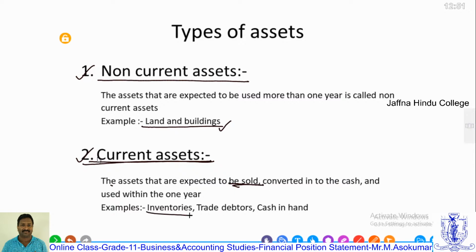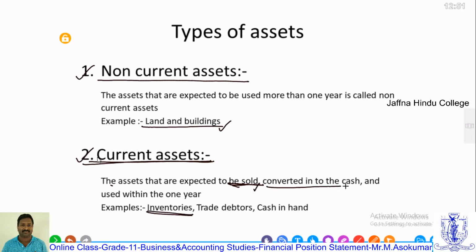The inventories are retained in the business to be sold in future. Therefore, that is one of the assets, but it remains within a short period of time. Next day, next week or next month, within 1 year, it can be expected to be sold. Therefore, that is a current asset, inventory.